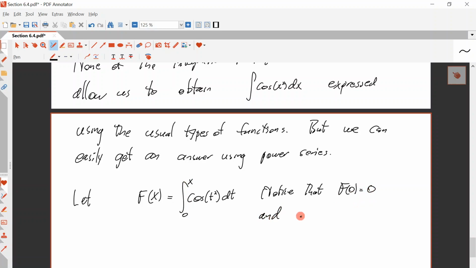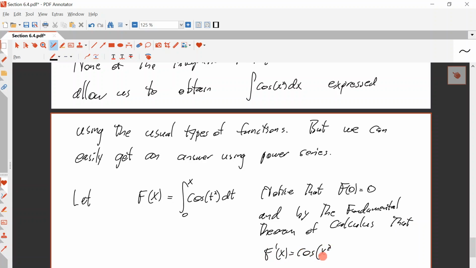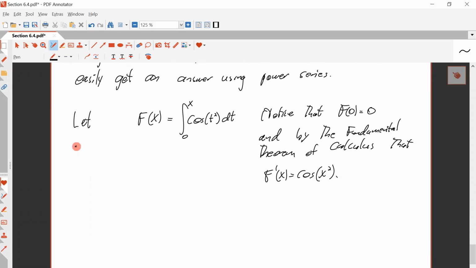And by the fundamental theorem of calculus, F prime of x equals cosine x squared. Right? The derivative of this integral function is that function back in terms of x. Okay, that's something from Calc 1 when you study the fundamental theorem of calculus.